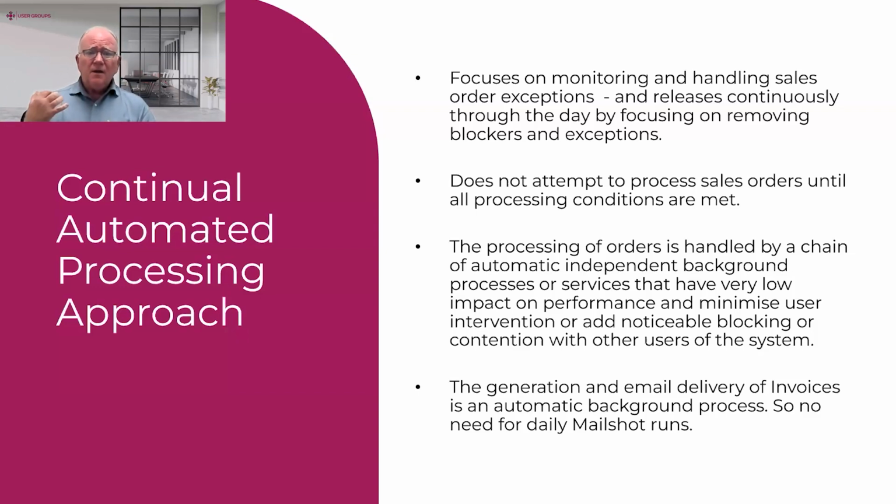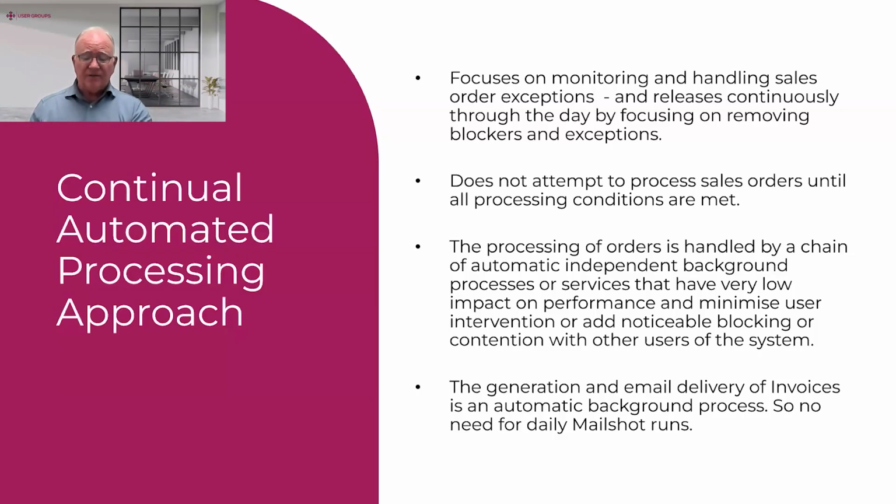So the email is looking to see if the invoice is new and has not yet been emailed. It's looking at the rules as to who you email it to. It's then saying, well, is the document already there? If it's not already there, I'll have to go and make it, and then I'll attach it, and then I'll send it. So those processes are independent of each other.